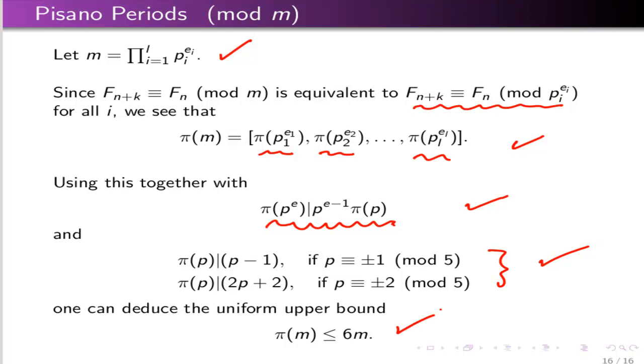For any positive integer m, so this is for all m in the natural numbers, the Pisano period is bounded above by 6 times m. I'm not going to go through that proof, but you can challenge yourself if you want to work through those details.